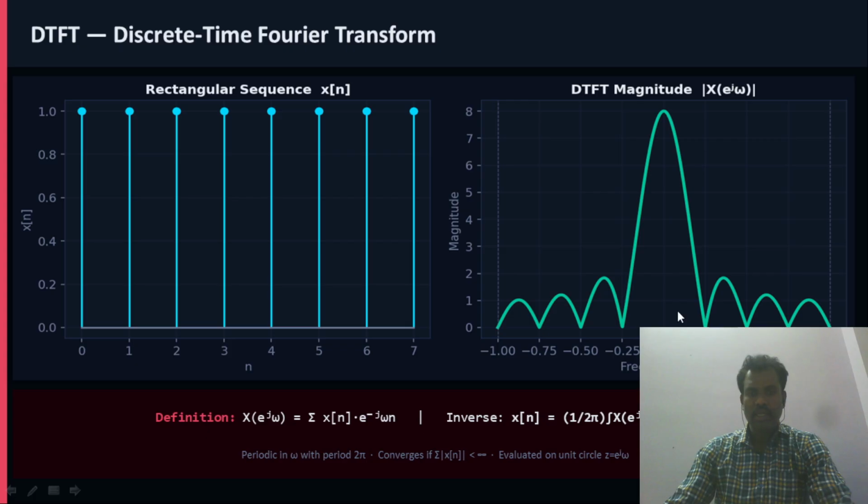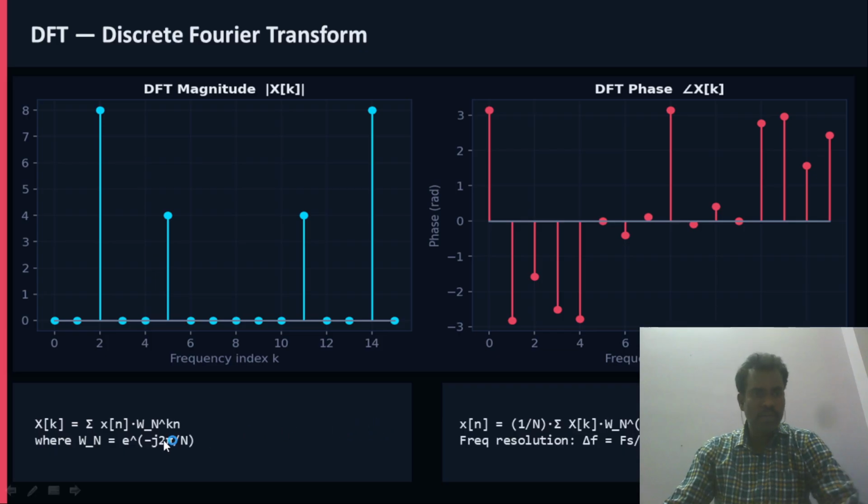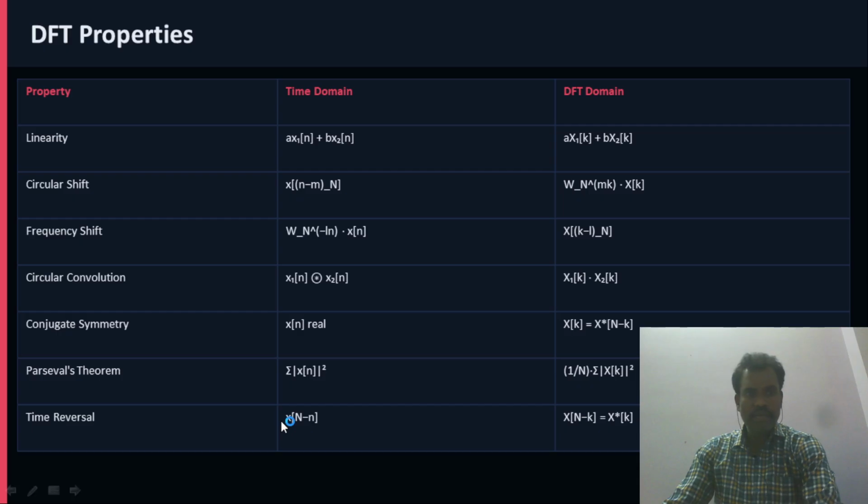or you can say 2 pi by N. As it is a 2 pi interval, 2 pi by N is the sampling interval. Hence the formula will become sigma x of n into omega subscript N whole power kn. What is omega N?